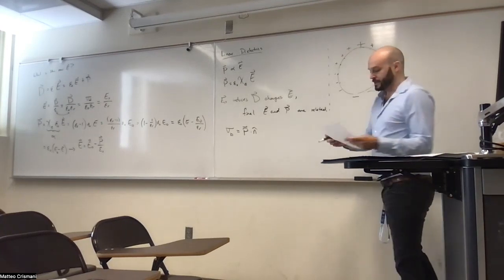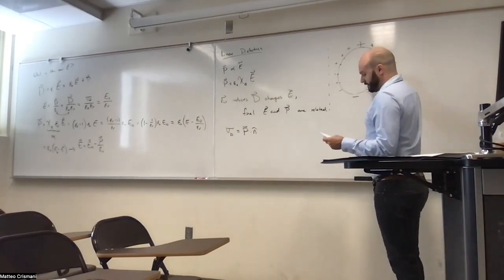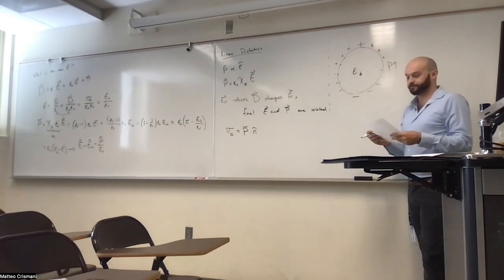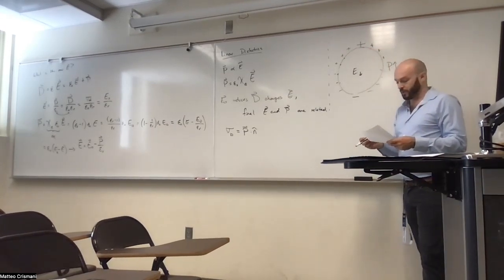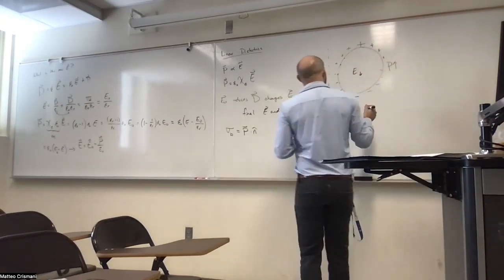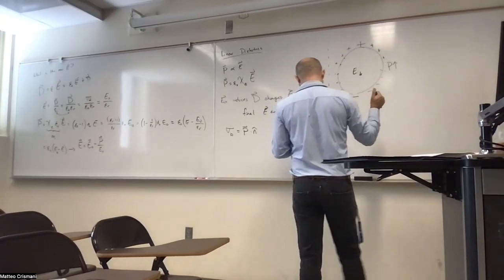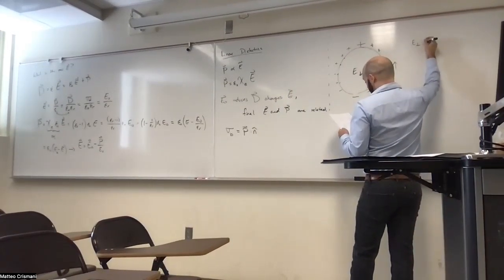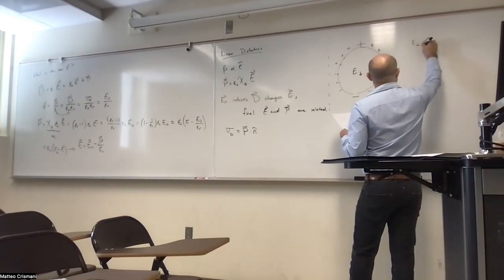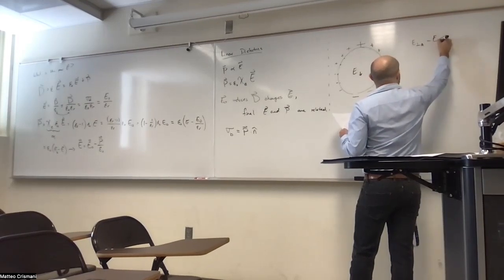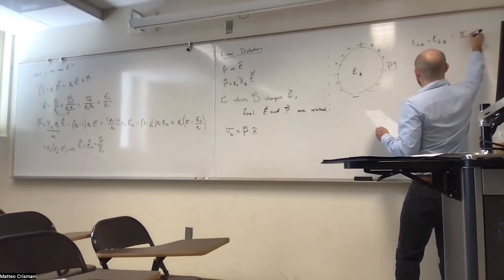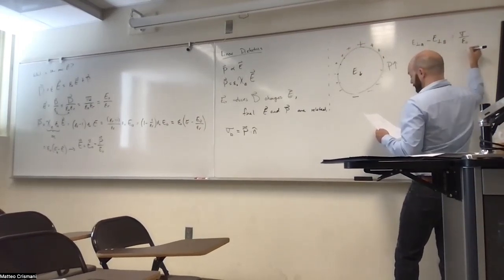Okay. All right, so let me ask you a different question. Here's E going down. Let's think about the different components here. E perpendicular at A, top here, minus E perpendicular at B is sigma over epsilon naught.